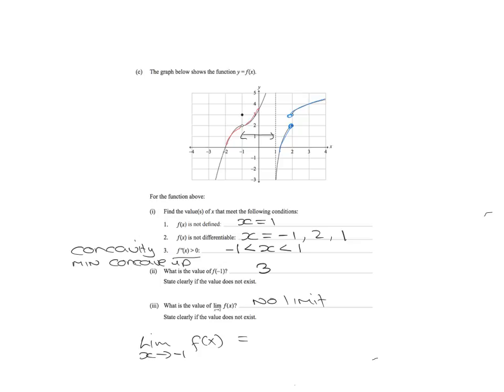If we approach from the right, it's also heading towards the y value of 2. So this means the limit as x tends to -1 is 2. It's the limit, not the actual value. So if they tend towards different numbers, then there is no limit. But if they tend towards the same number, then whatever that y value is the limit.